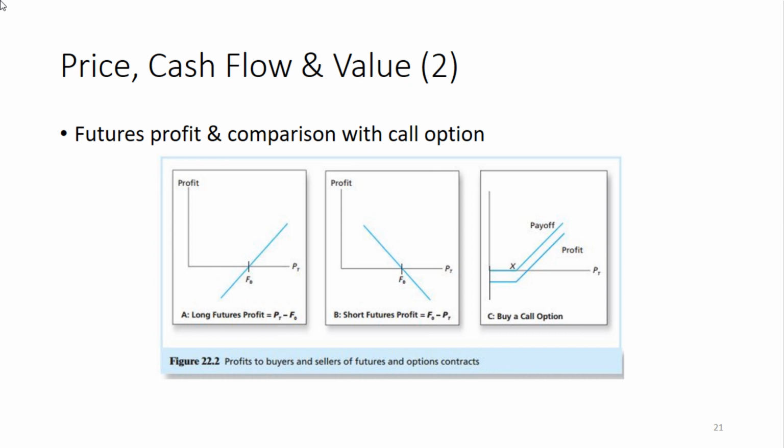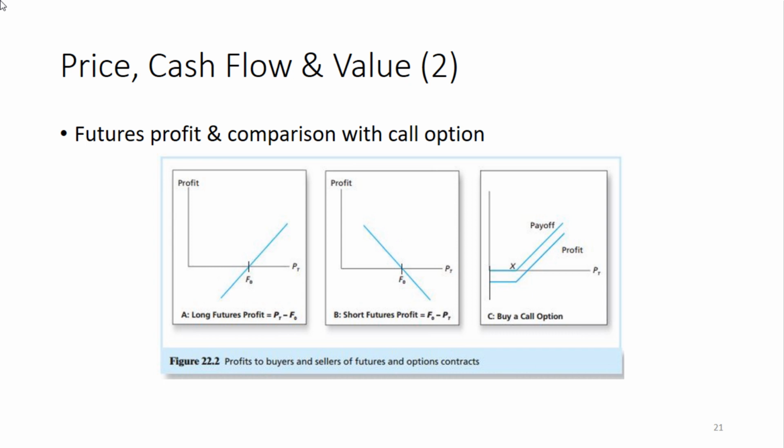If the spot price at maturity, so P_T, is higher than the pre-agreed price, then the long position makes a profit. If the spot price is lower, then the long position makes a loss. That's what the blue line does. You can make either a profit or a loss if you consider the futures contract as a standalone security that you enter into.